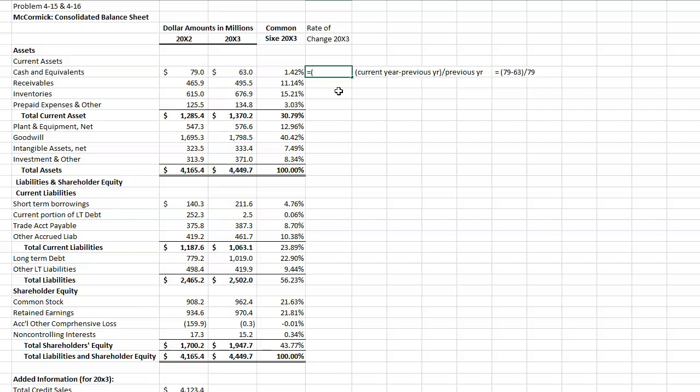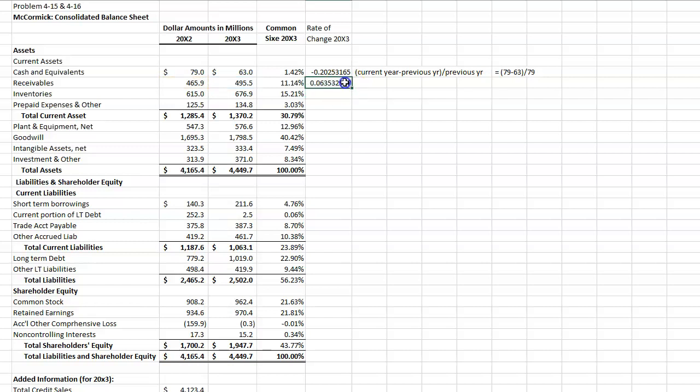So open parentheses, current year minus the past year, divided by the past year or the previous year. All right, so equal sign, open parentheses, current year minus the previous year, divided by the previous year.